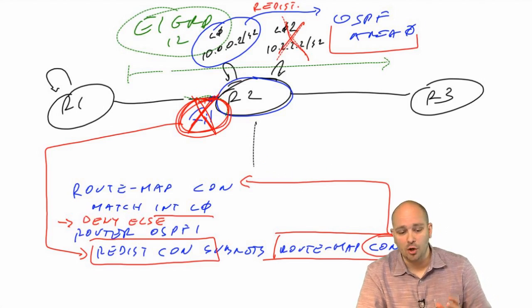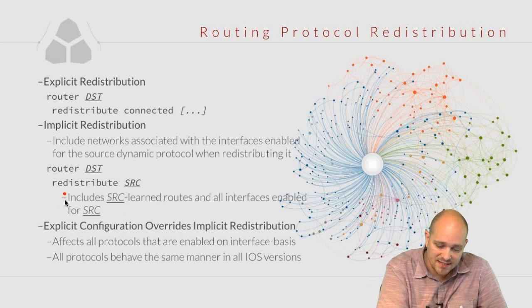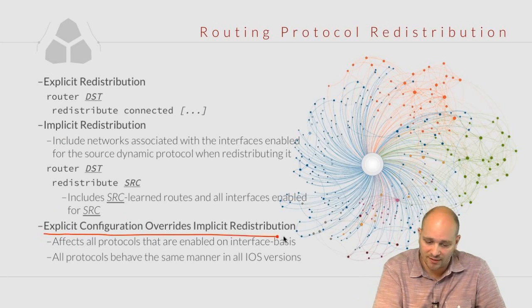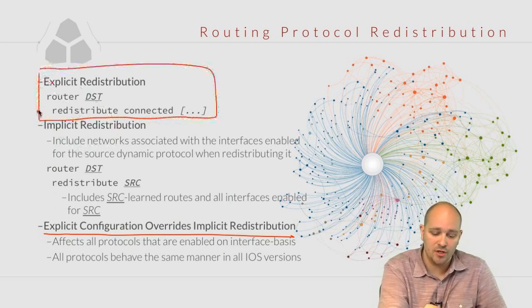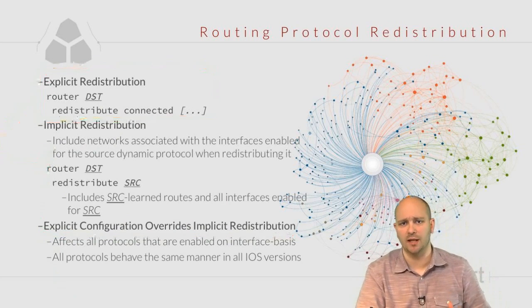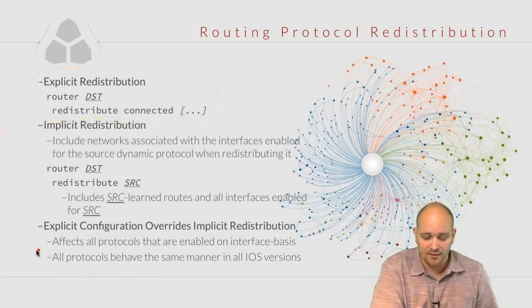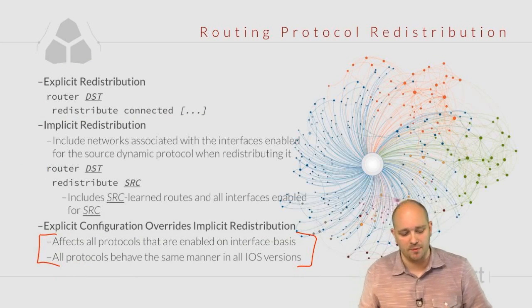So when we are configuring our redistribution of connected routes, this explicit redistribution of connected routes, this configuration will override the implicit behavior here. Another thing that I would like to point out here, and it says this on the slide, is something that you should keep in mind.